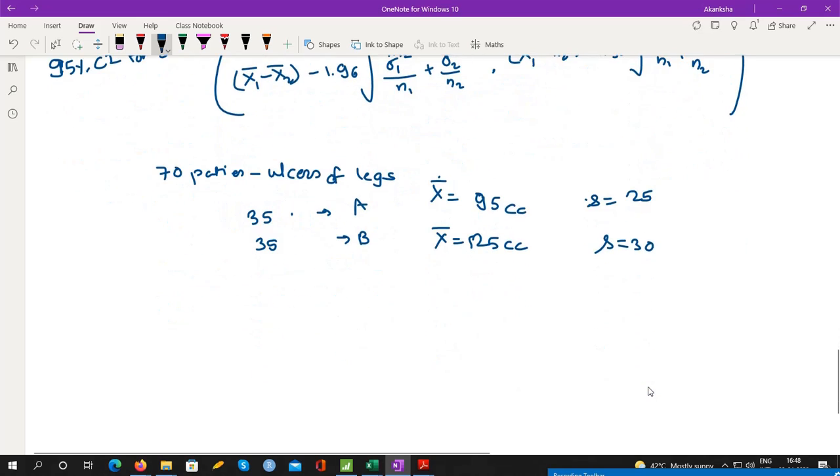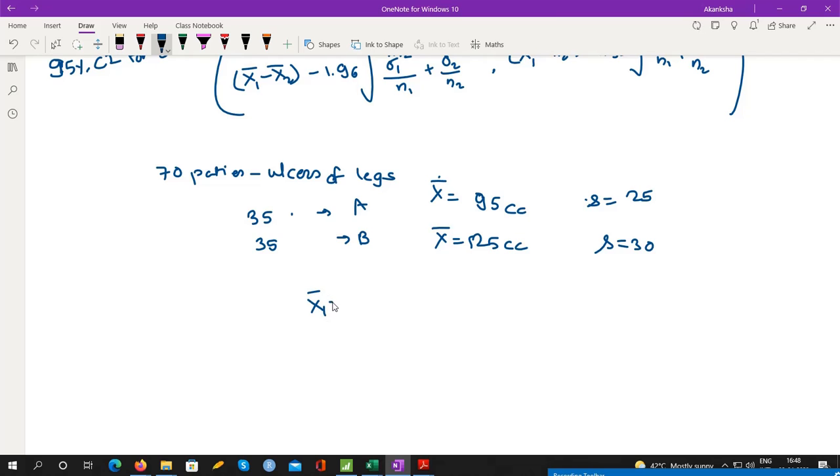So if we just look at this data, it seems that in treatment B, mean reduction seems to be higher. So again we would like to check whether this difference is statistically significant, or is it just a coincidence. So what do we do? We again compute x1 bar minus x2 bar.